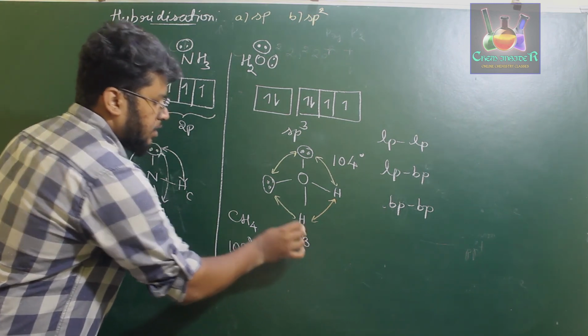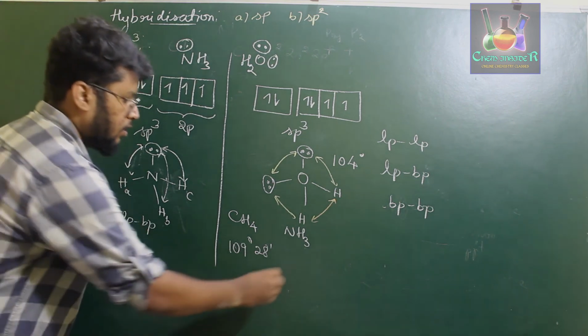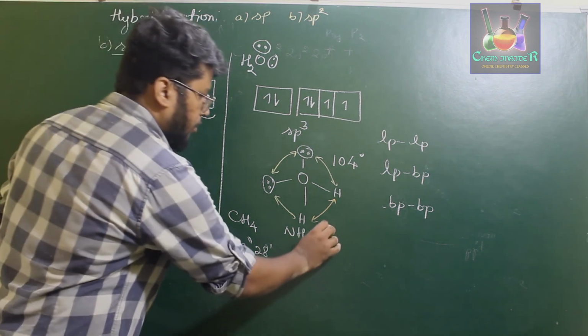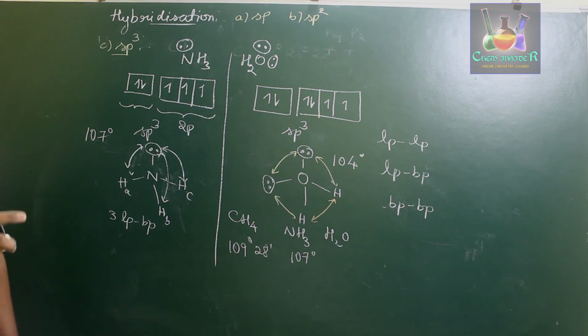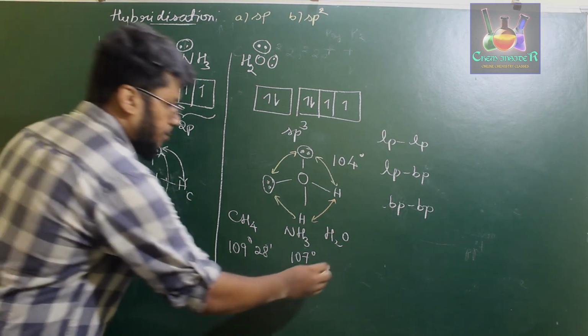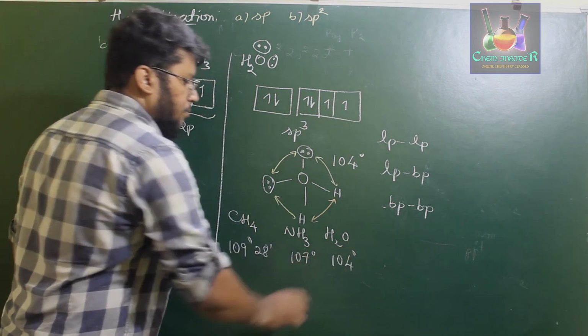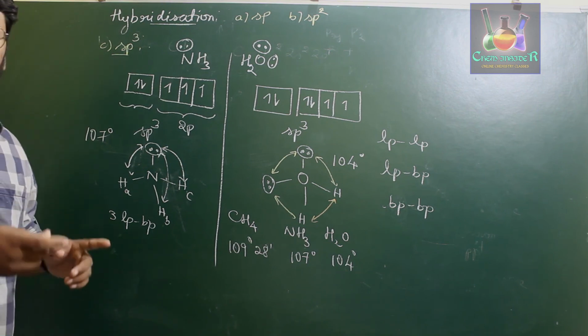NH3, which has sp3 hybridization with 1 lone pair and 3 bond pairs, has a bond angle of 107 degrees. And the water molecule, which is sp3 hybridized but has 2 lone pairs and 2 bond pairs, has a bond angle of 104 degrees. So clearly we can say that the more lone pairs of electrons in a given hybridization, the smaller the bond angle.